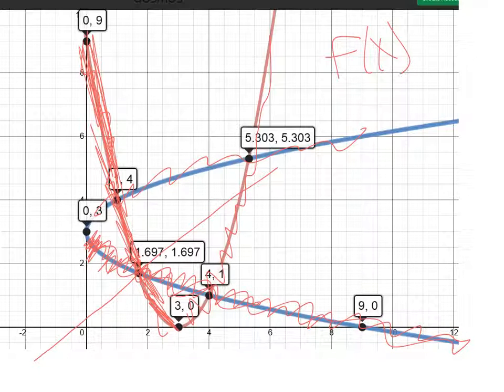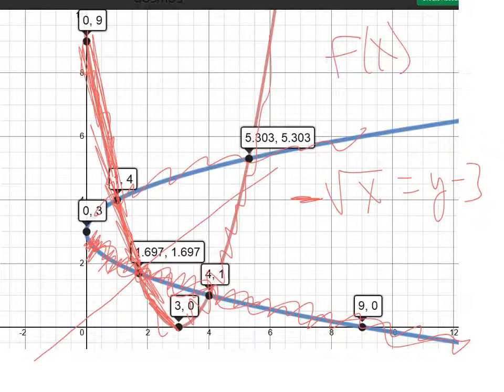So if you think back to what we just did a minute ago in that video, when I had it to the point of the square root of x equals y minus 3, well, this part here is a square root function that's been shifted up 3 and reflected around the x-axis. So I'm going to go with a negative, and that's how I know I reflect it around the x-axis.